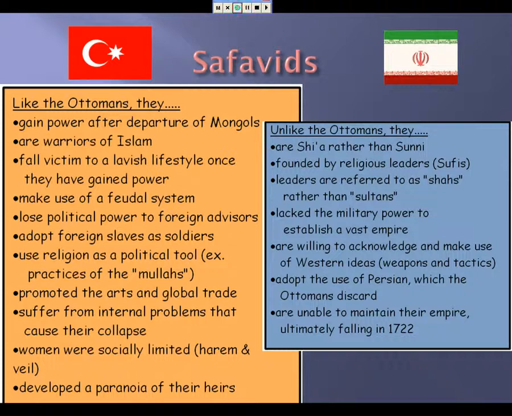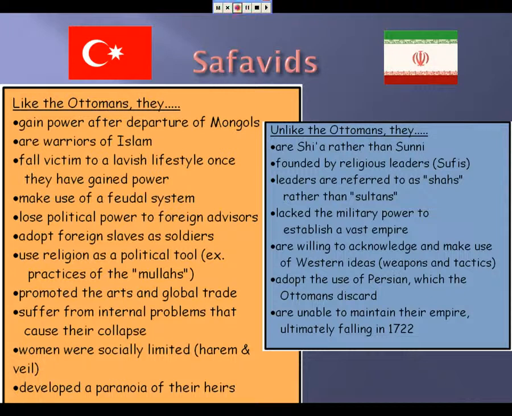Even though both empires were fairly militaristic and wanted to expand, one of the big differences is that the Safavids were never able to come close to matching the Ottoman military power. They were always that younger sibling, never quite as big, never quite as strong, never quite as powerful. Always in competition, but never able to surpass the Ottomans.